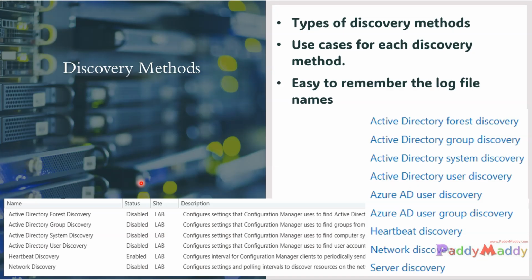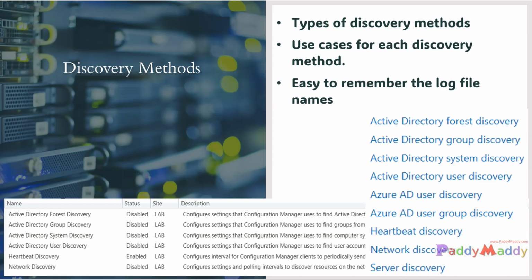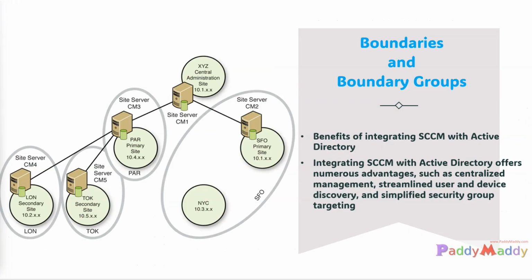That is also possible. We'll also understand why we have to do Active Directory integration and what the advantages are. We also learn the discovery methods within this video, which are part of your configuration step by step. And also we will learn about boundaries and boundary groups, which would also be covered within this video shortly.